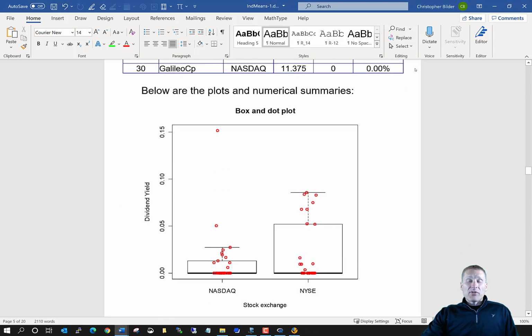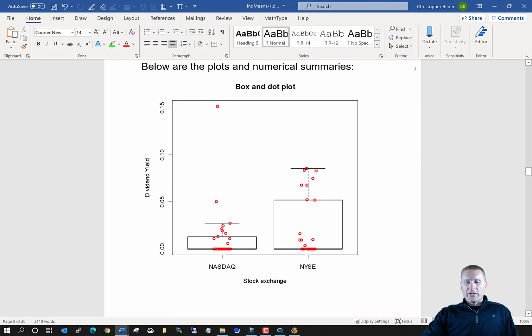Here are some plots and numerical summaries of the data. So what we can see here is that we got kind of a weird looking shape of our sample in terms of the sample's distribution itself of these dividend yields. So notice how we have a lot of zeros down there.